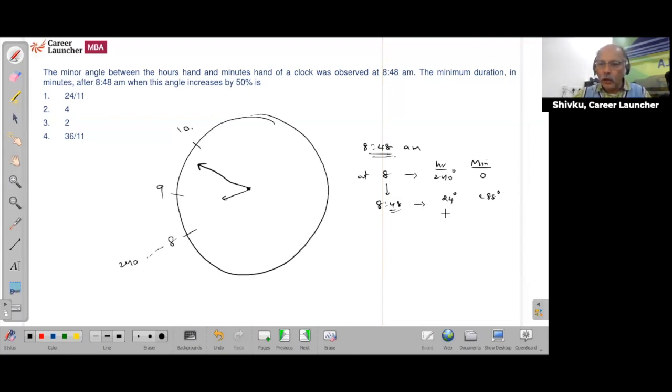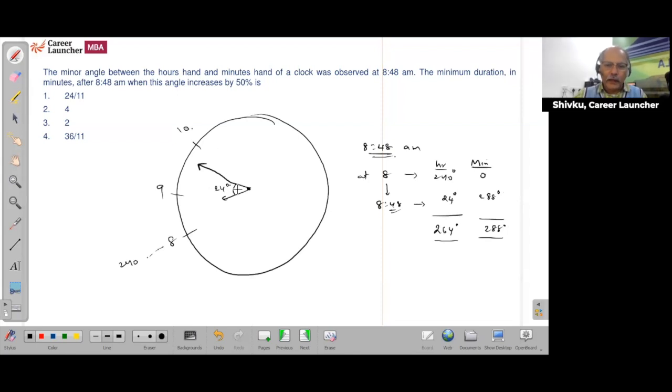Right? So what is the position of the R hand? That is 264 degrees. What is the position of the minute hand? That is 288 degrees. Hence, the angle between these two is 288 minus 264. That's equal to 24 degrees.